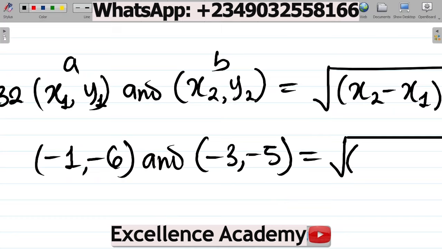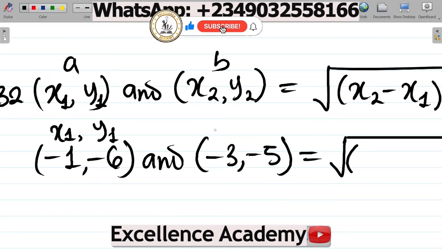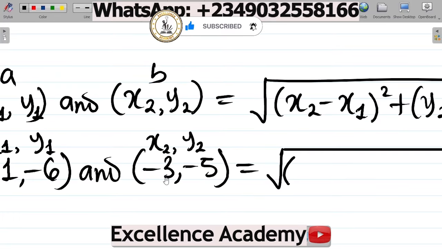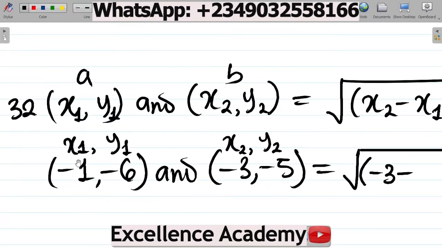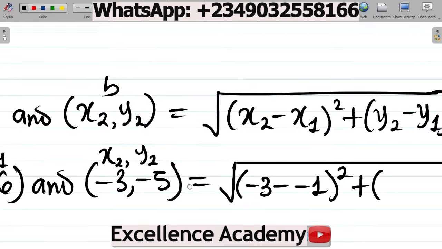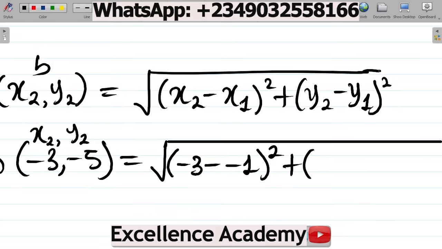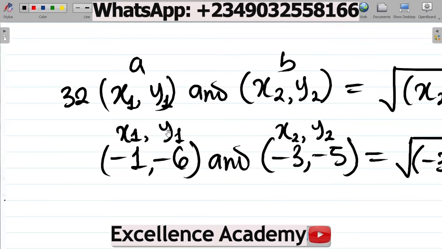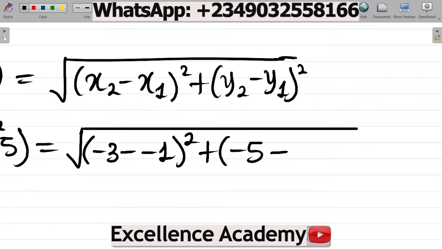In this question, this is x1, this is y1, this is x2, this is y2. So x2 minus x1 becomes -3 minus x1, which is -1, all squared, plus y2 minus y1. y2 is -5, so you have -5 minus y1, y1 is -6, all squared.